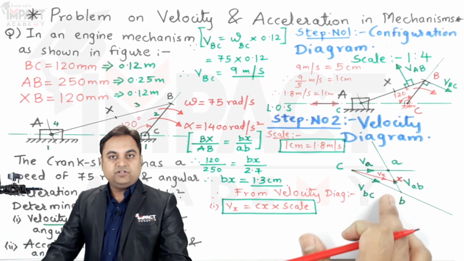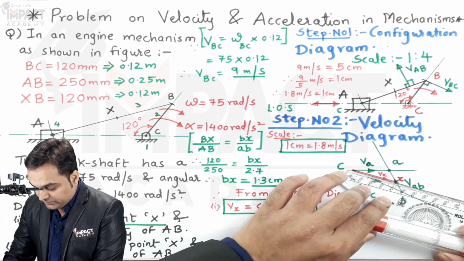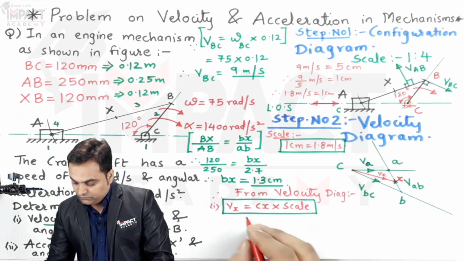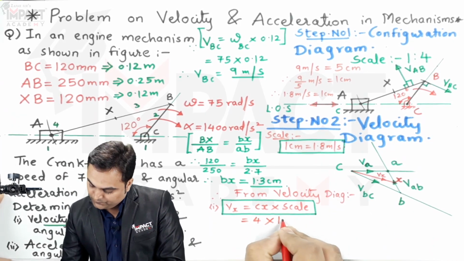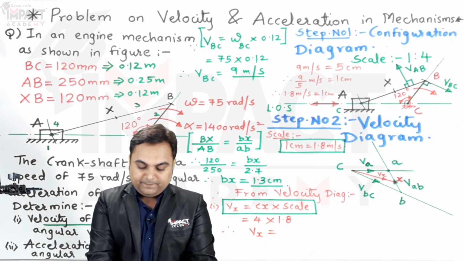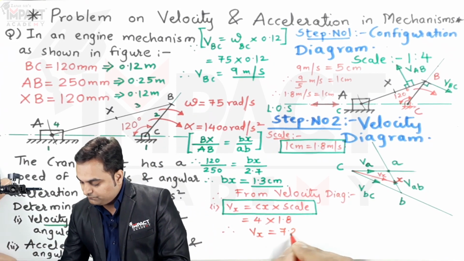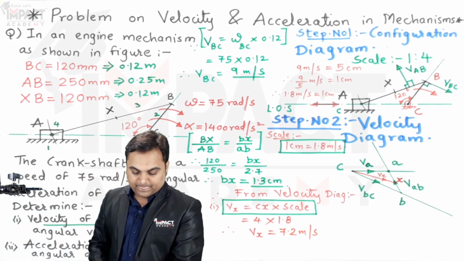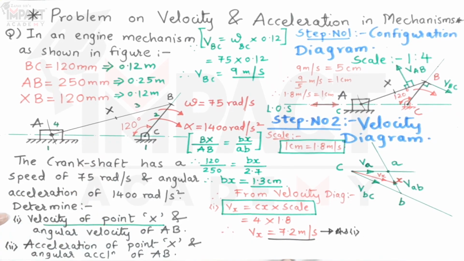Now cx distance would be measured in terms of centimeters. It is 4 centimeters. So 4 into scale is 1.8. So therefore velocity of point X, it comes out to be 7.2 meter per second. Now that's the first answer.